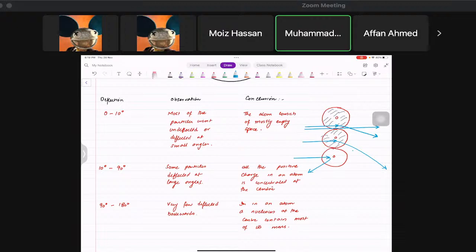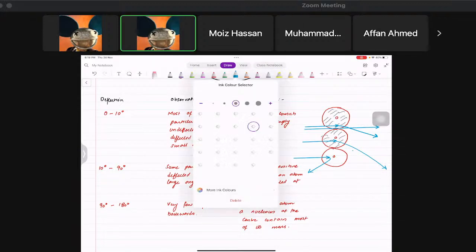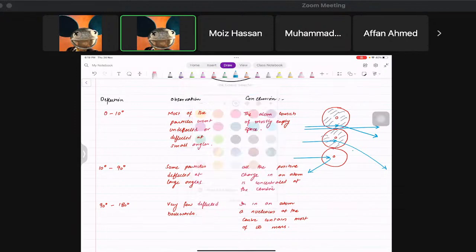Can you explain this again? Okay, what I'm saying is that an atom literally has nothing in the surroundings, right? So particles just went straight if they're not close to the nucleus, or deflected at very small angles because of the positive charge, but that's very far.